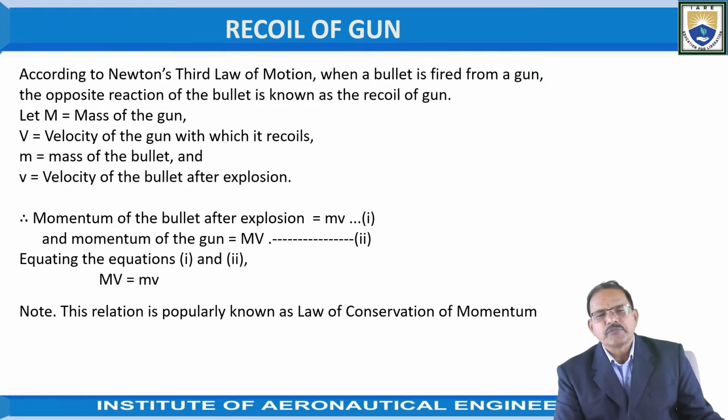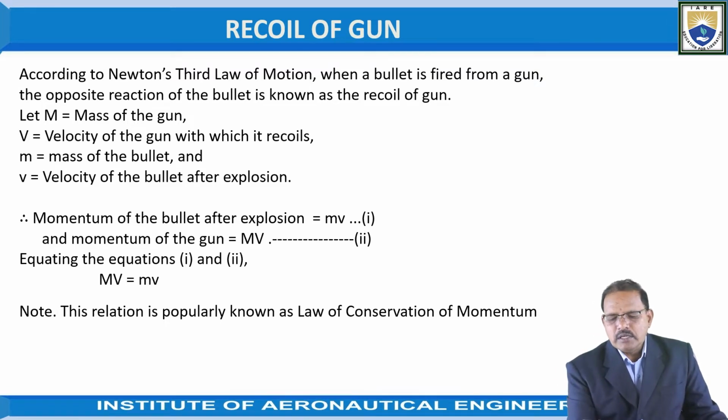In this case, let capital M represent the mass of the gun, capital V the velocity of the gun after firing, small m the mass of the bullet, and small v the velocity of the bullet after the explosion. Capital U represents the initial velocity of the gun, and small u the initial velocity of the bullet.